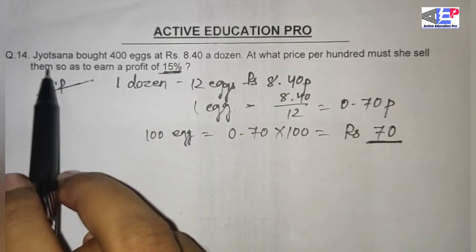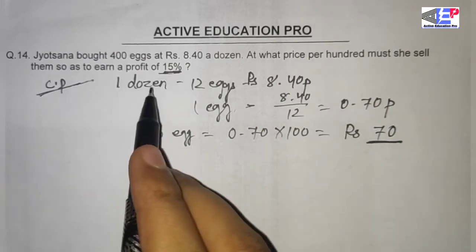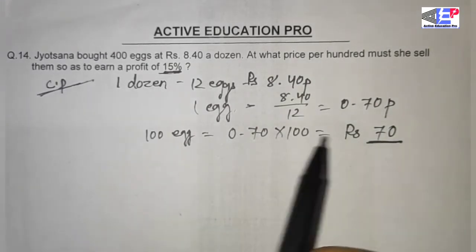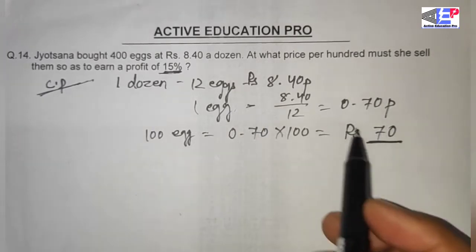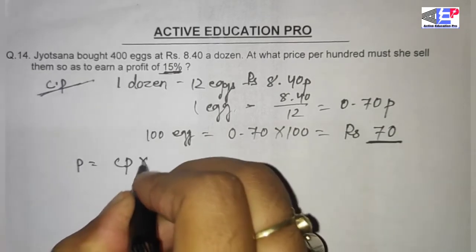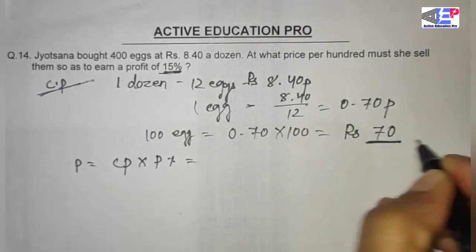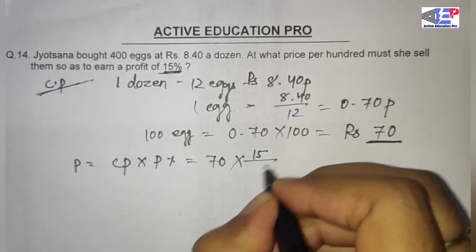So here I first find the cost price of 100 eggs, which is equal to 70 rupees. Now Jyotsna wants to make a profit of 15% on this cost price after selling this product. So the profit will be CP into profit percentage. This is CP, 70 into 15 by 100.